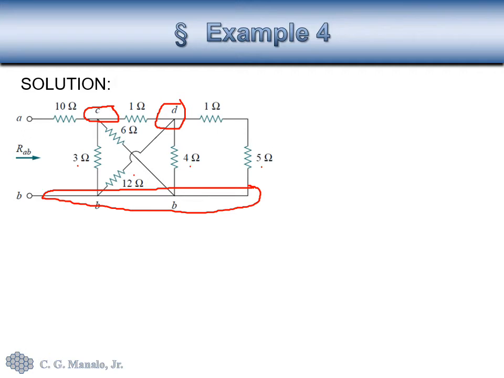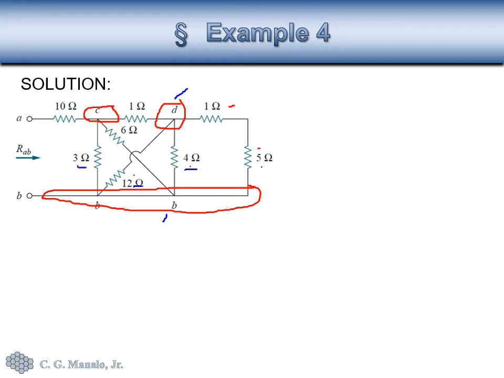Okay, so 1 and 5 ohms here are obviously in series, and that can be combined into 6. 12 and 4 are in parallel because they are connected to nodes D and B. So therefore, they can be combined in parallel.